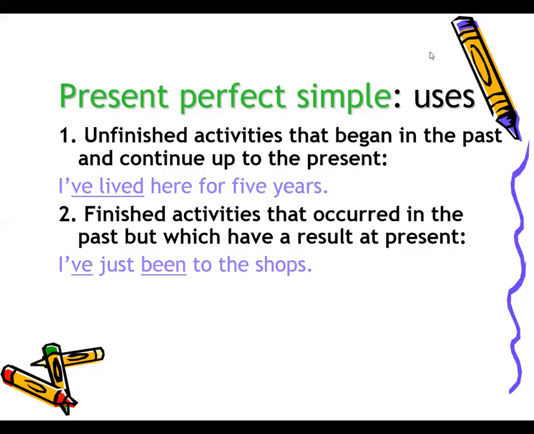Just like, for example, I cut my finger. So I have cut my finger, it means the blood is coming out of it. So something happened in the recent past and in the present we can see its result. So for this we use simple present perfect tense.